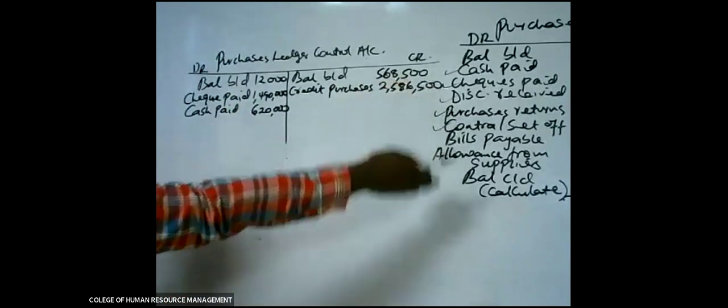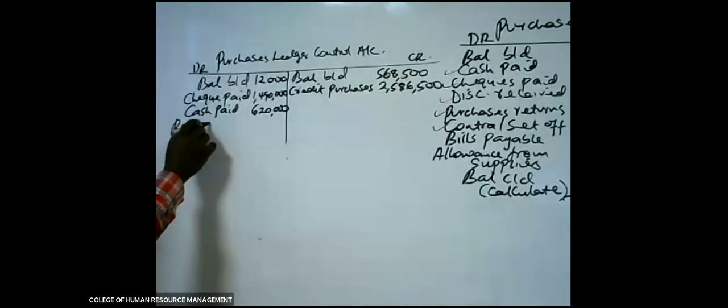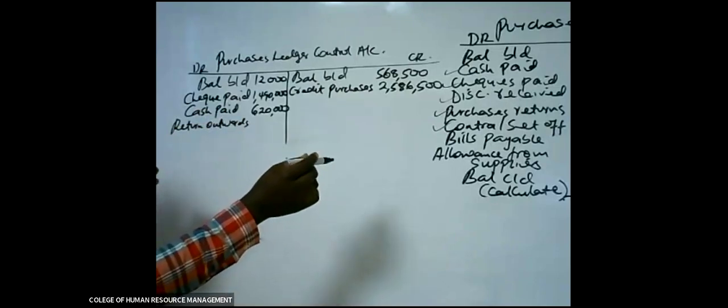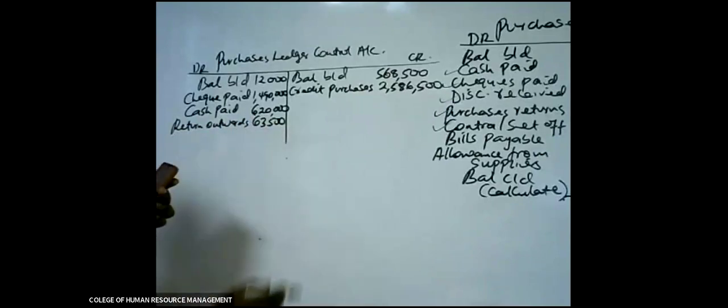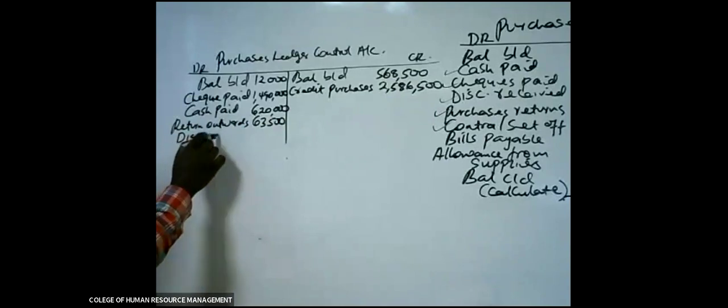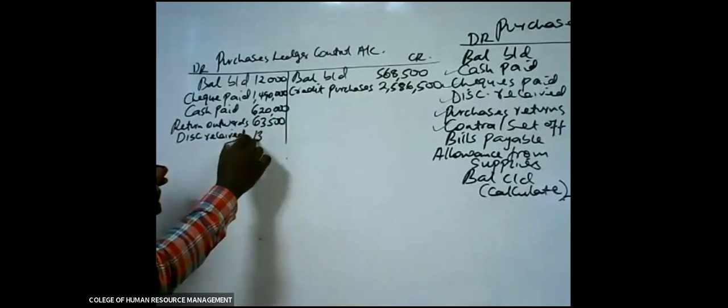That's using my format here. Return outwards, it is 63,500. Then we have discount received of 13,500.